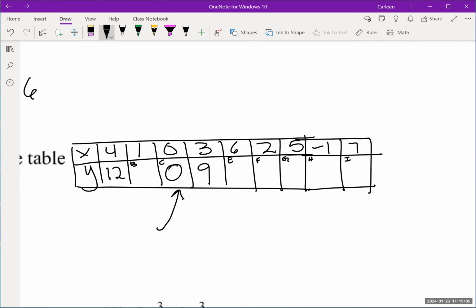Yeah. Now it does not look like the pattern involves adding. How about B?